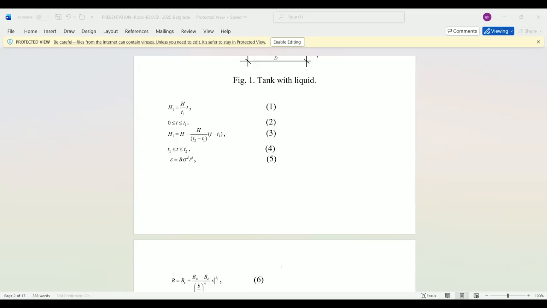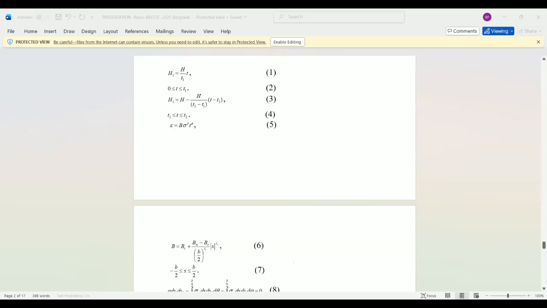As already stated, the tank wall is functionally graded in thickness with material properties distributed symmetrically about the mid-surface of the wall, as given in equation number 6. In this equation, the axis x is directed along the wall thickness.